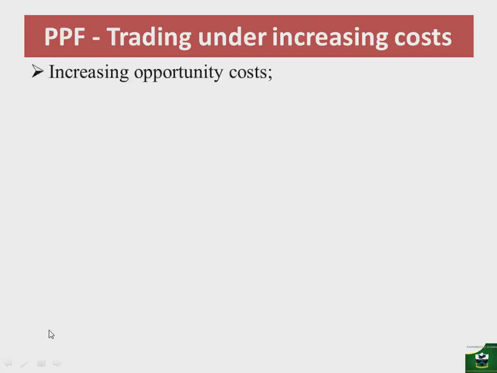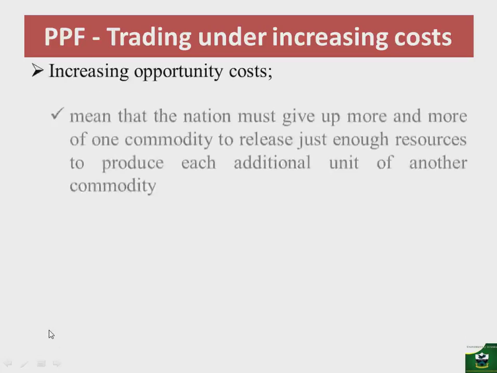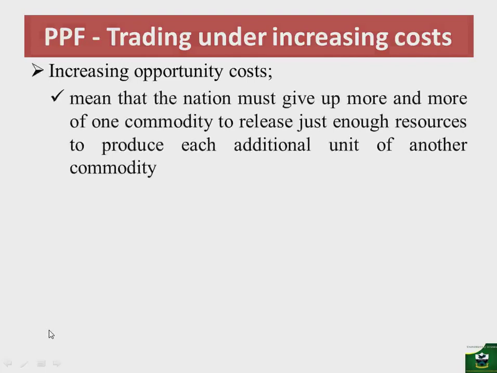Okay, so let's look at the increasing opportunity cost in more detail, which tells us that the nation must give up more and more of one commodity to release just enough resources to produce each additional unit of another commodity.